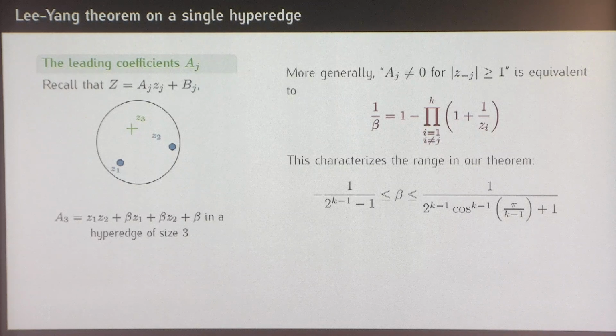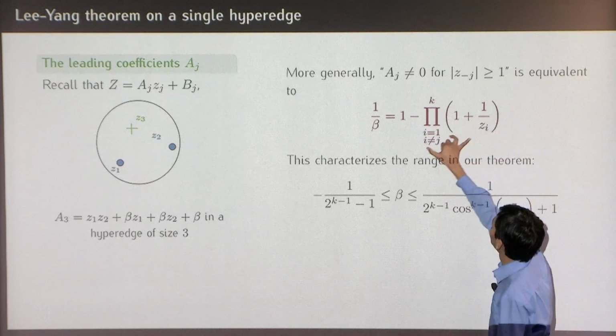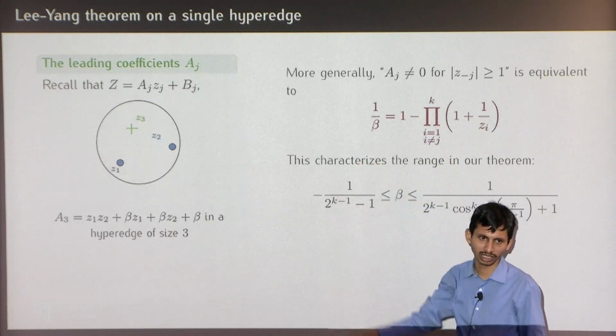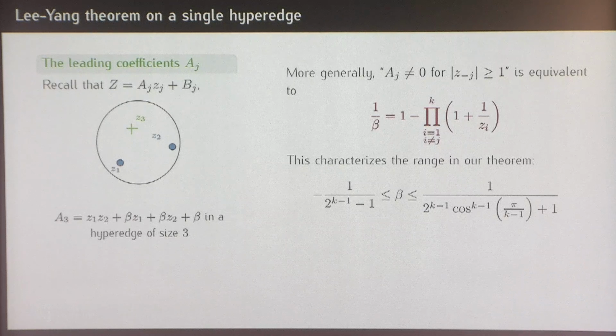So what you want to show is that whenever all these arguments are on or outside the unit disk, this function avoids the point 1 over beta. And you can reduce that to some simple plane geometry problem, and that's where this range comes from.